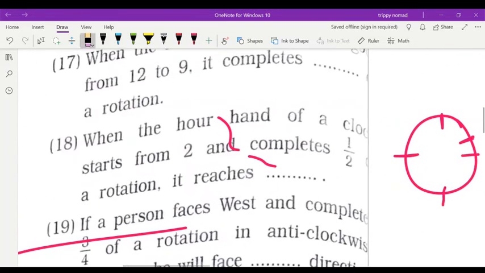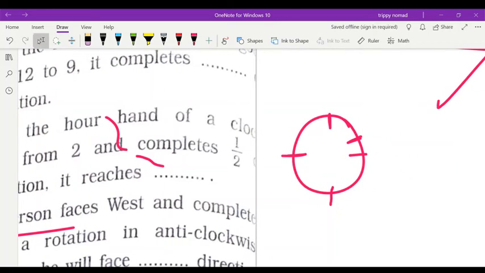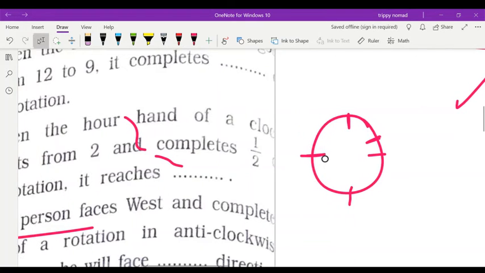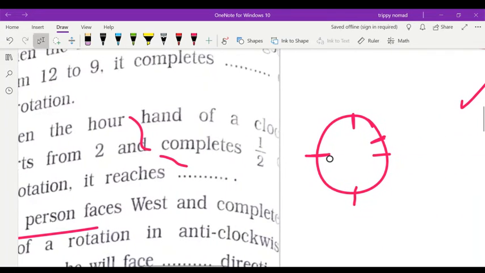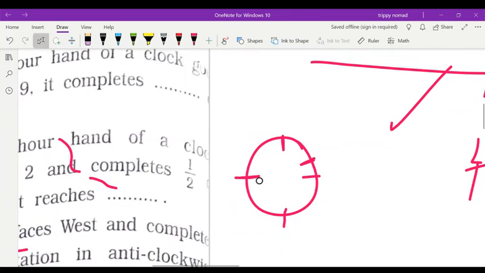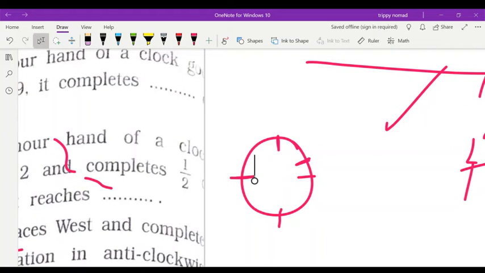Yes. When the hour hand of a clock starts from 2 and completes half rotation, that means 180 degrees. If it starts from here, it will reach here. Half rotation means it will reach, you see here, question number 18, it will reach at 8.